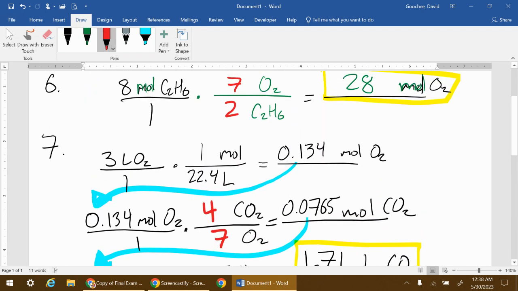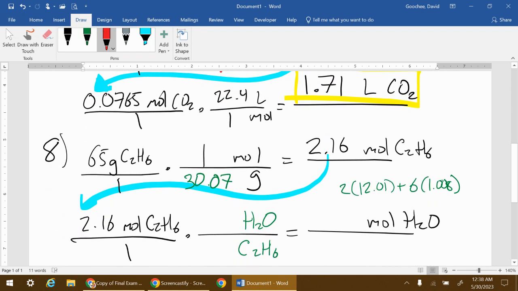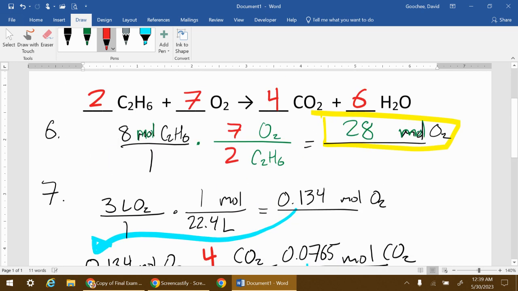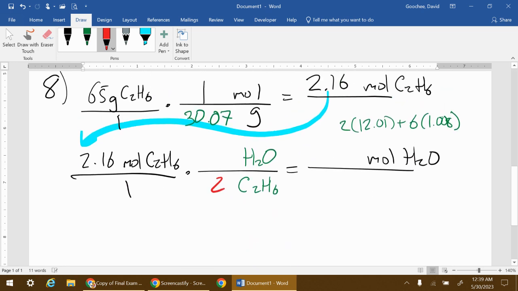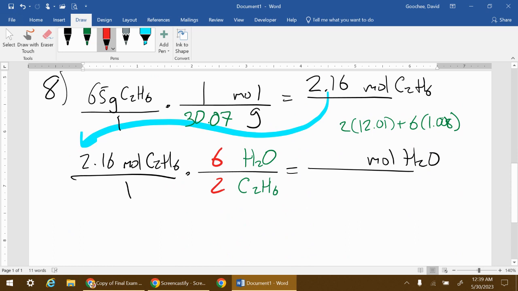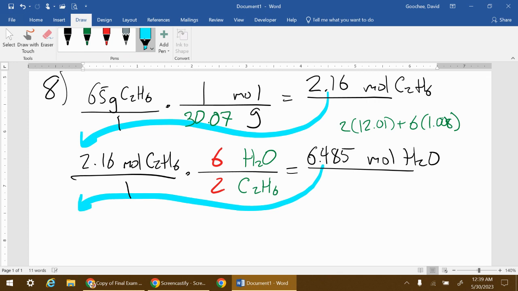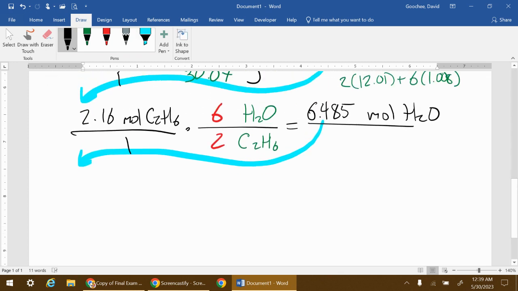Ethane is 2 from the balanced equation, and water is 6. So there we go: 2.16 times 6 divided by 2. So we have got 6.485 moles of H2O.